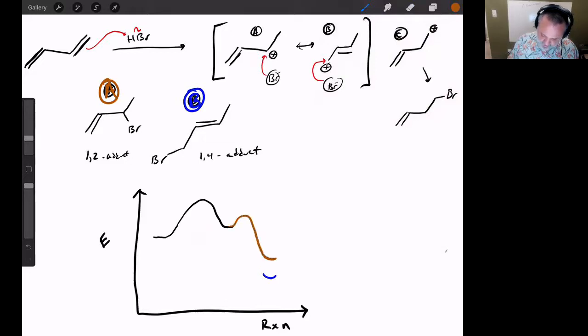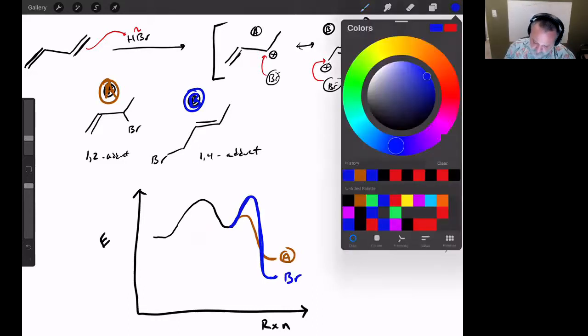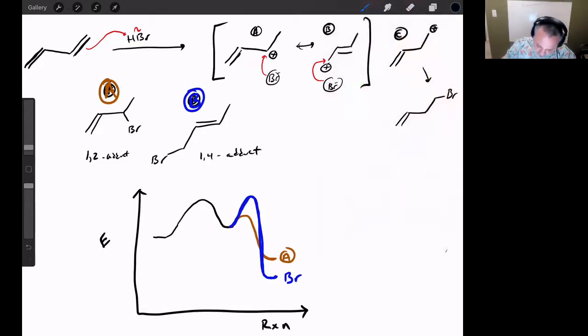And so that means that A must have a lower activation barrier than B. Okay, so let me label some of the parts of this graph so that we're absolutely on the same page. Here is the activation barrier, the activation energy that leads to A.